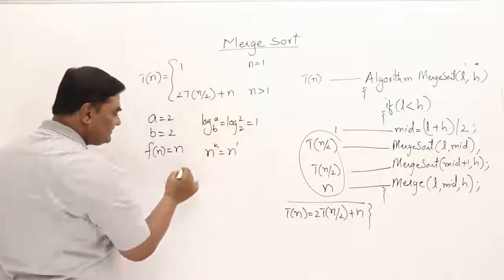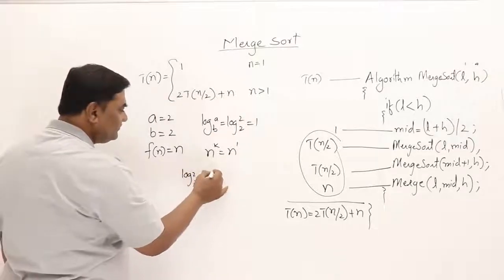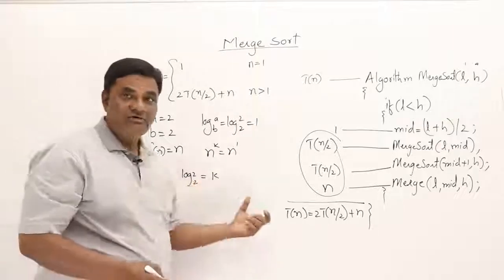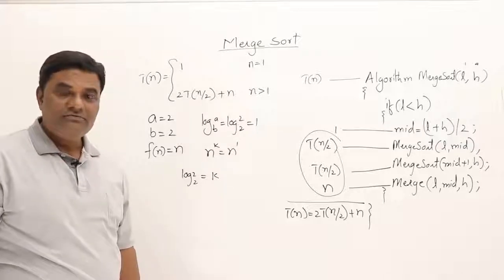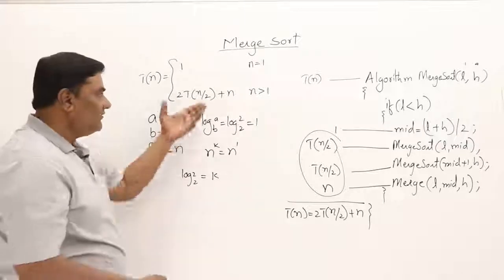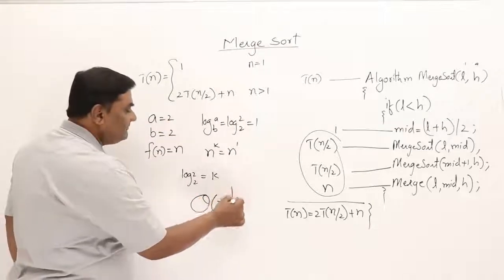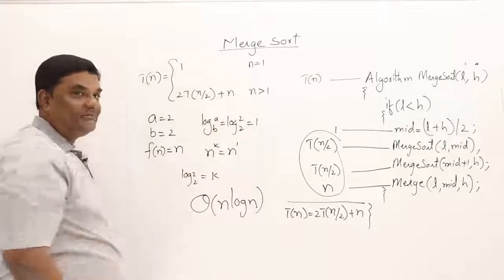So log 2 base 2 is equal to k. They are equal. So we compare these two, and this is falling in case 2. Case 2 says whatever f of n is, multiplied by log n. Write f of n as it is and multiply it by log n.